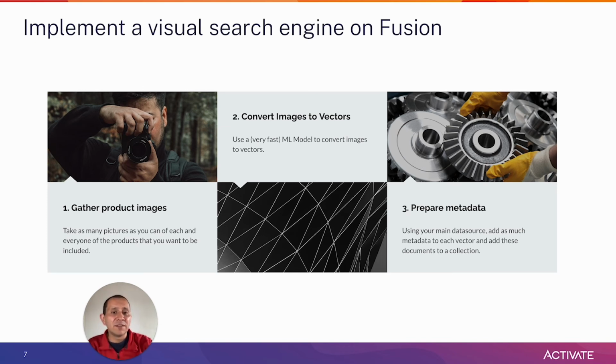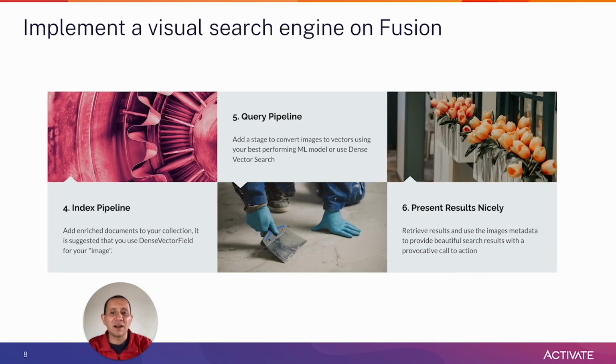So once you have the images, the vectors, and the metadata, you can start to work on your index pipeline. And working on your index pipeline means that you add those enriched documents into your own collection. I suggest that you use the dense vector field to store your image.